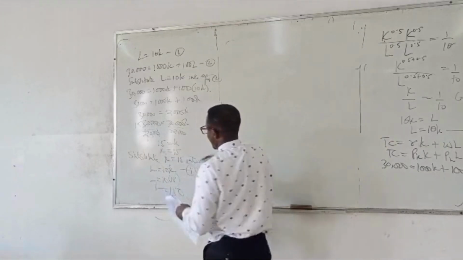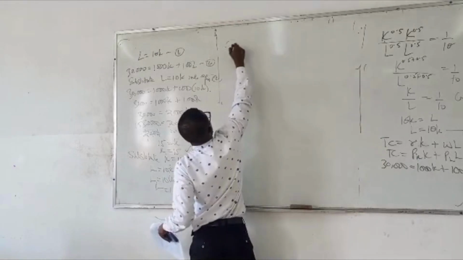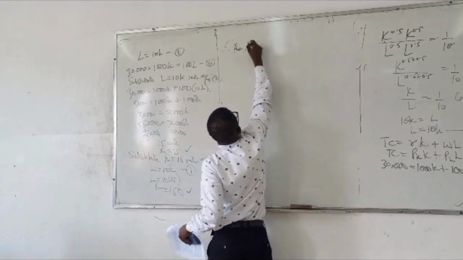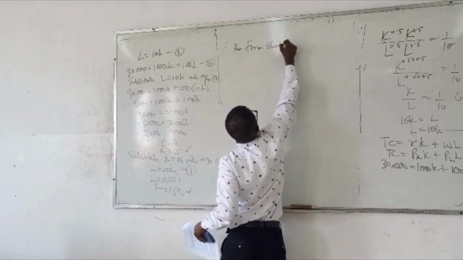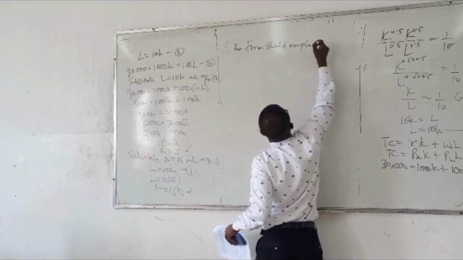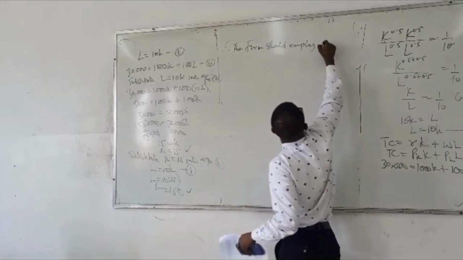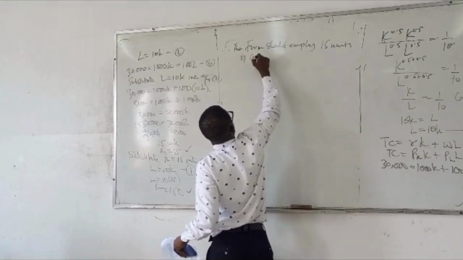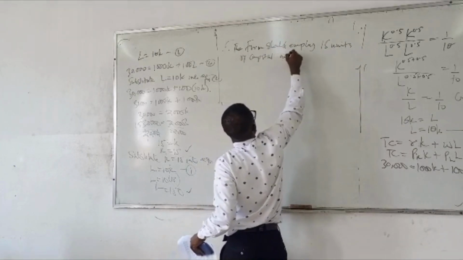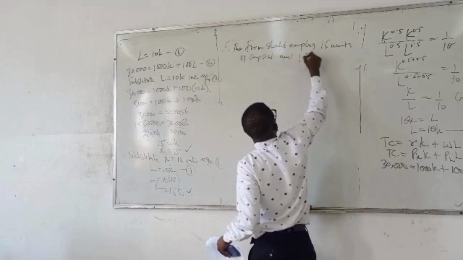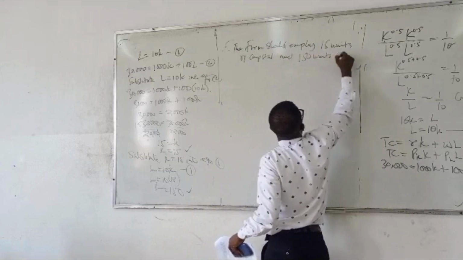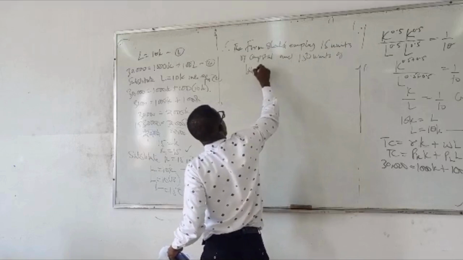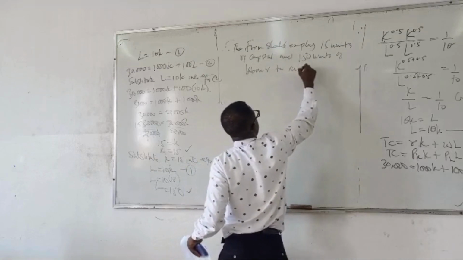Having gotten my K and my L, the firm should employ 15 units of capital and 150 units of labor to minimize costs.